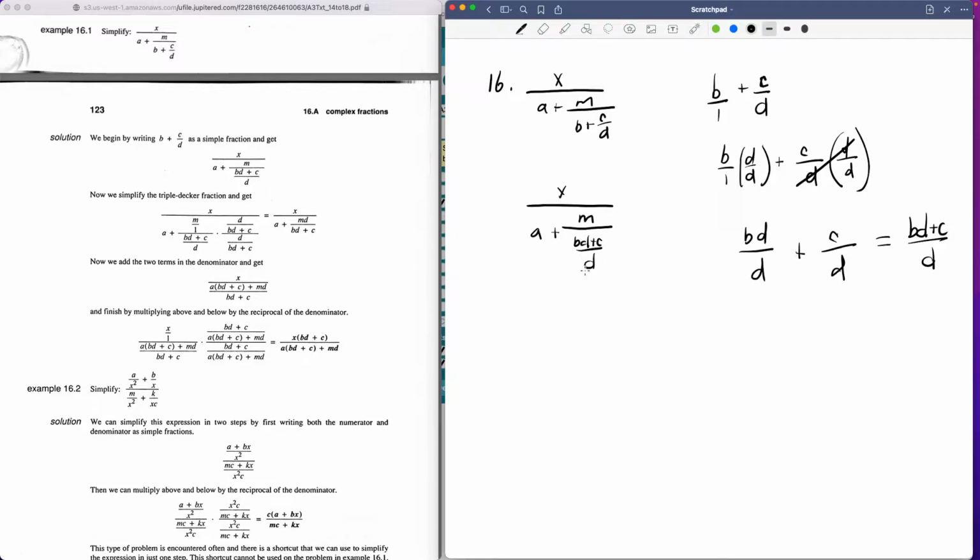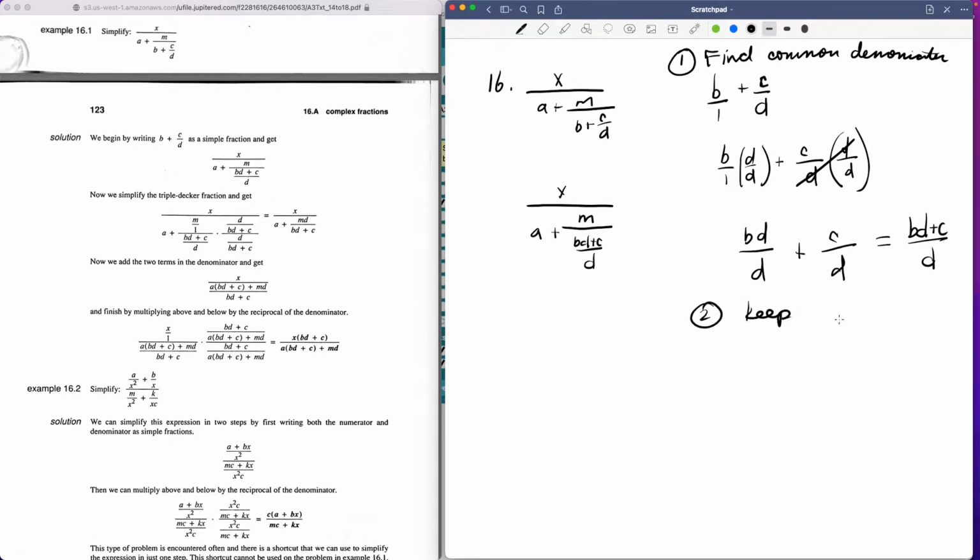Well, now we have a complex fraction here. We need to address it before we can address the a plus part. So now the way we're going to do this is by using keep it, change it, flip it. So you're either going to do two steps: find a common denominator, or you're going to keep it, change it, flip it.